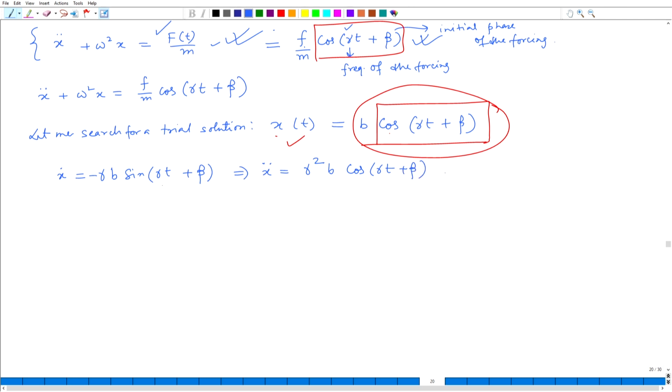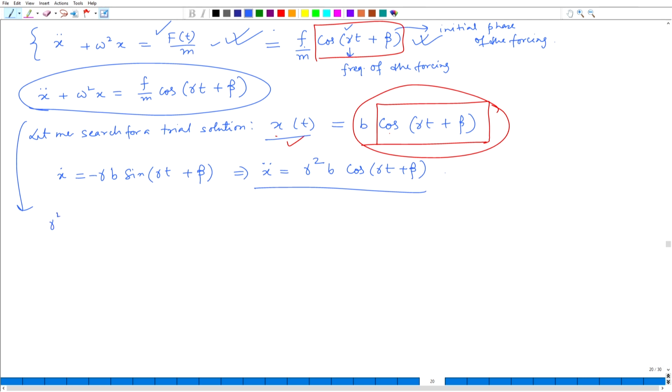If I now put these into this equation, then we will simply get minus gamma square b cos(gamma t plus beta) plus omega square b cos(gamma t plus beta) on the one side, and on the other hand f by m cos(gamma t plus beta). There should be a minus sign here, because d/dt of sine is plus cos.